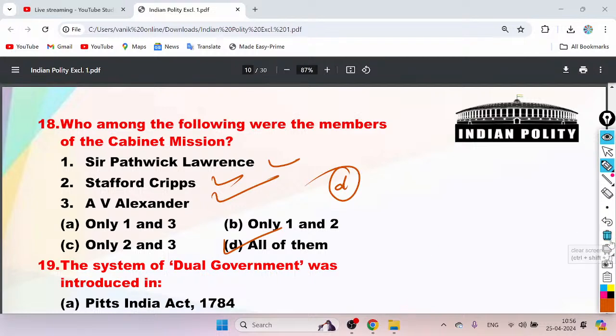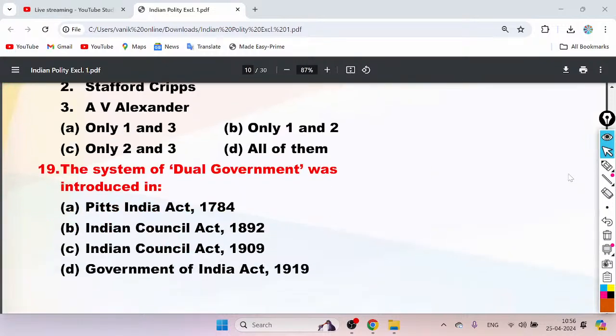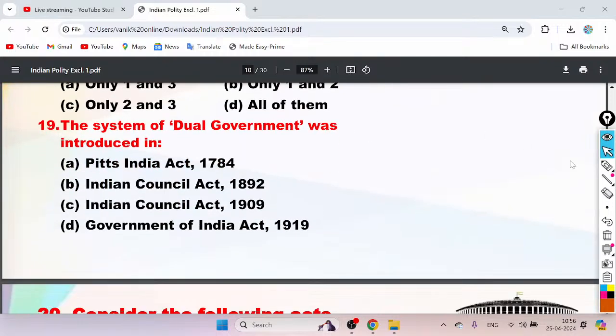Now, on the recommendation of this cabinet mission, the Constituent Assembly was formed, which prepared the constitution for India. Okay, so answer will be D. Question 18 answer is D.